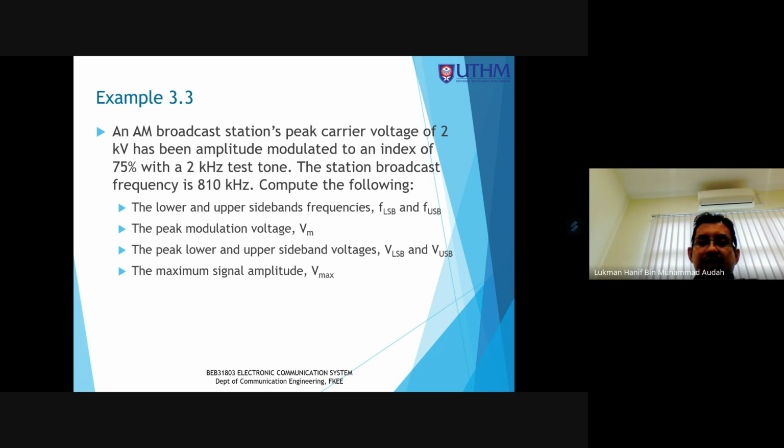So let's do the next example, example 3.3. Let's do it together. This is also about AM double sideband full carrier.